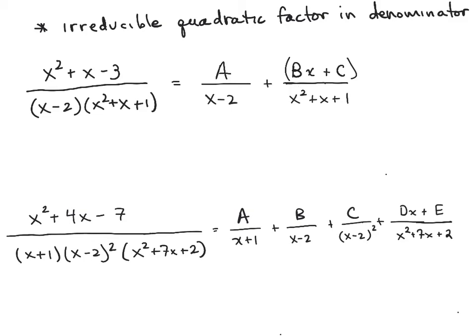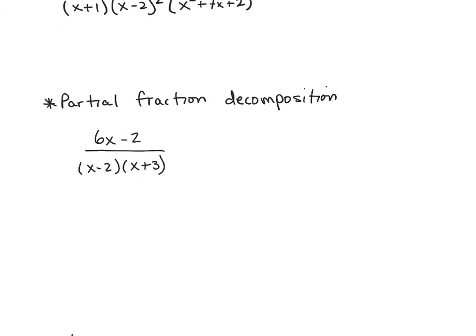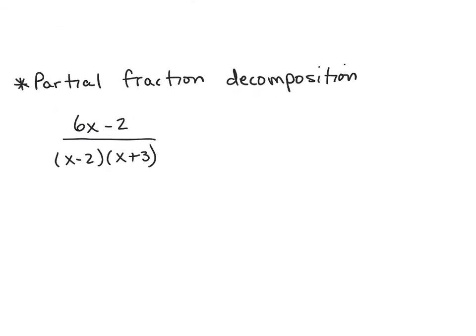So let's take a look at that now. This is called finding the partial fraction decomposition. Matter of fact, let me go ahead and make a slight change here just to illustrate a point.